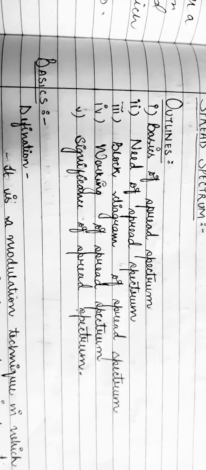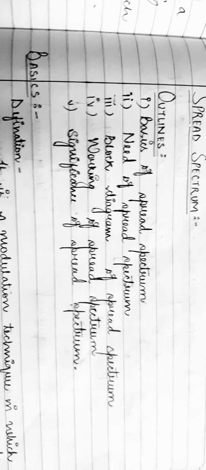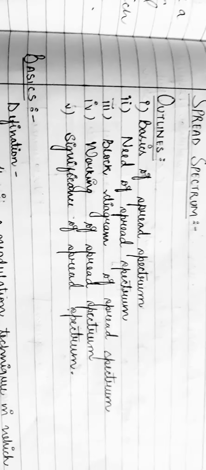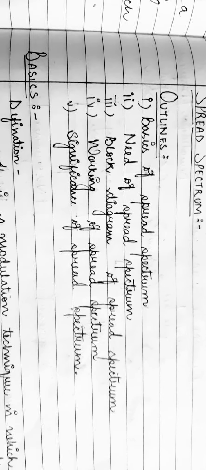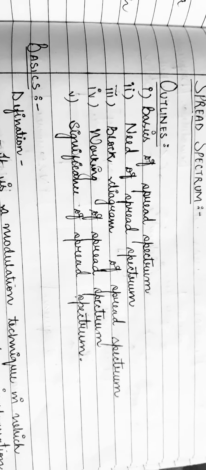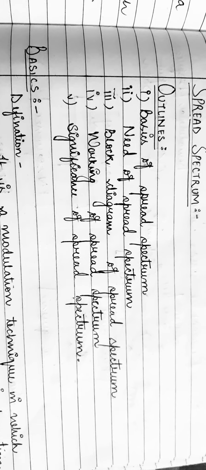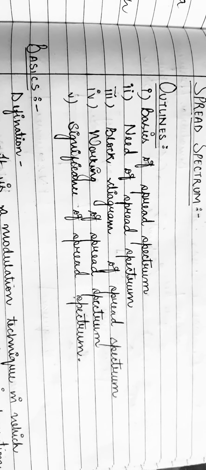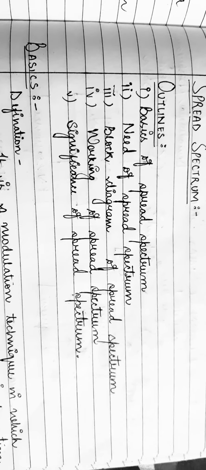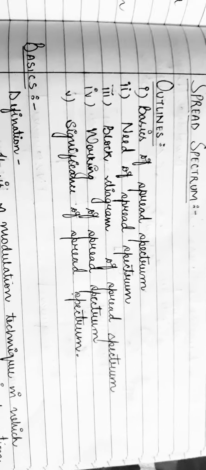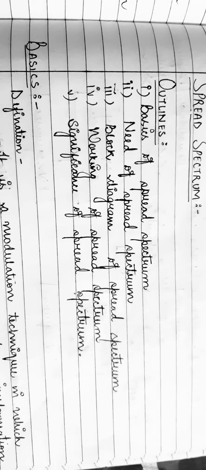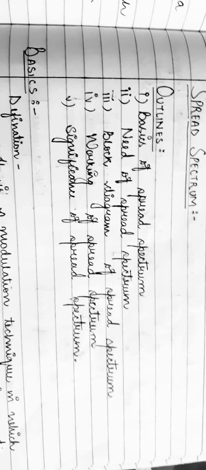So first, if we talk about what is spread spectrum. When you transmit information with bandwidth, that is your band limited signal, over a channel, there are so many limitations in a band limited channel. So we try to increase the bandwidth of the information which we have forwarded as a message.